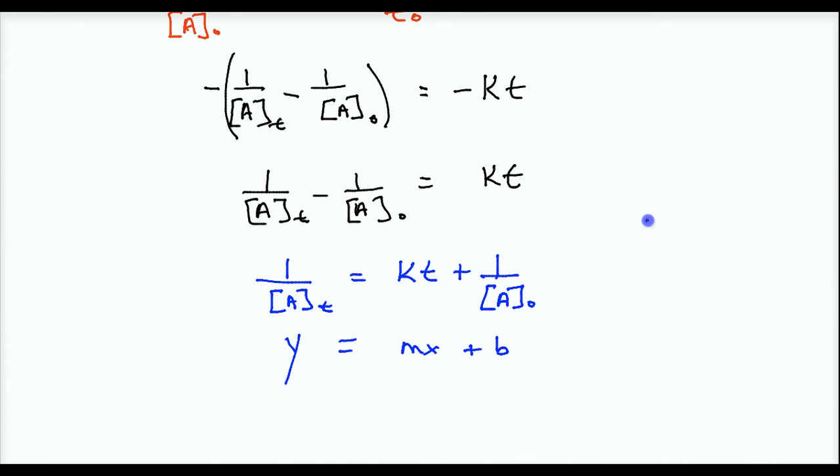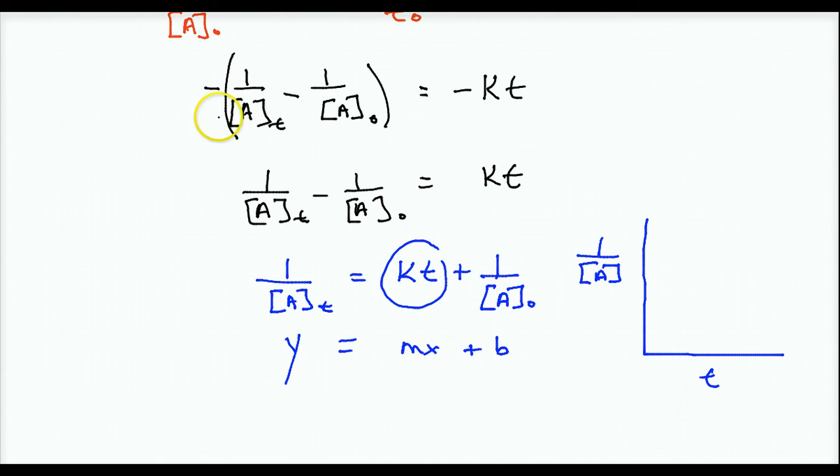So when we graph this, the graph on the y-axis is going to be 1 over A. This will be t. Look at the slope. It's positive because of that integral rule. So kt becomes a positive value. So it's a positive line.